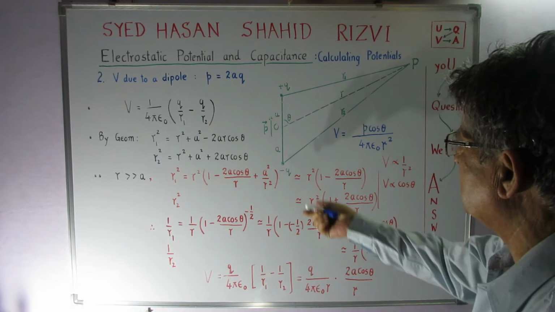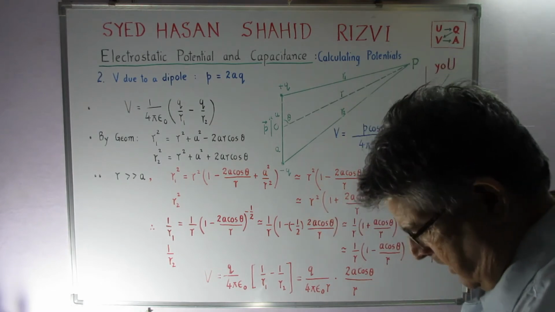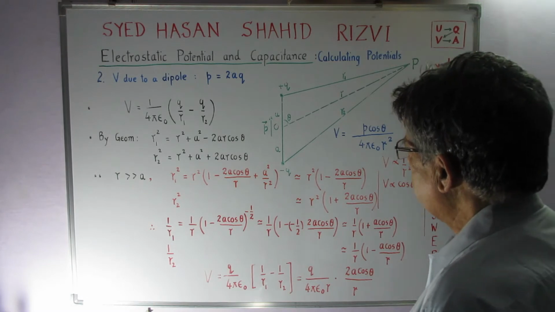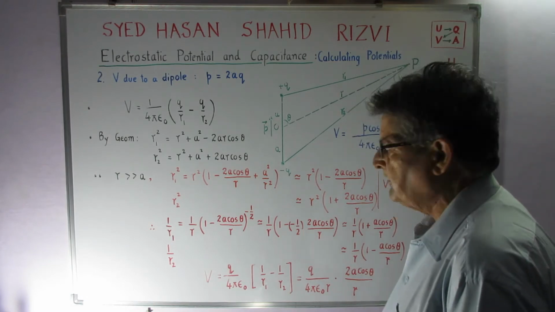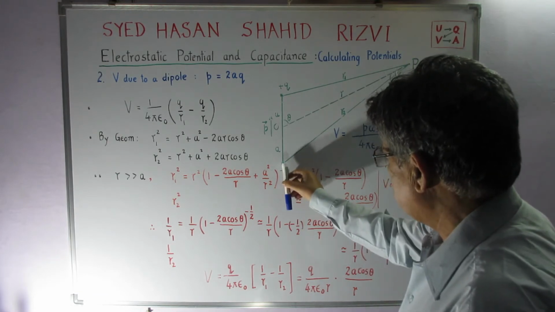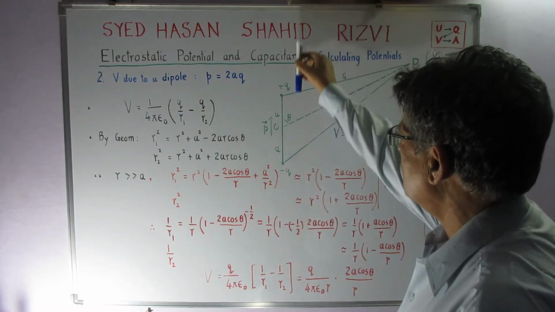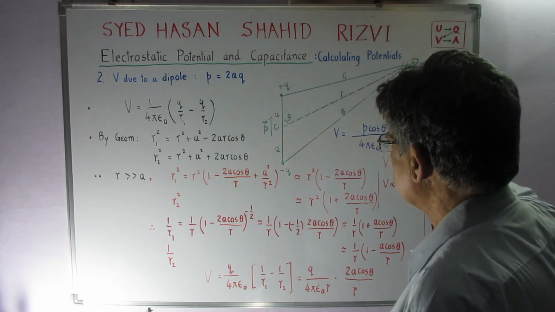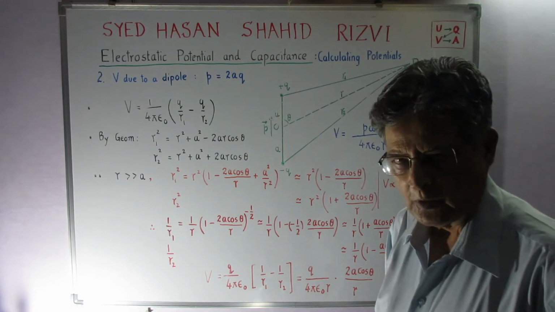So this is the simple geometry relation. Now remember that when we were calculating the electric field due to the dipole, we took the values on the axis of the dipole, or on the equatorial axis or equatorial plane of the dipole.